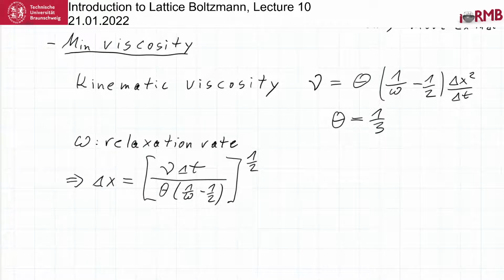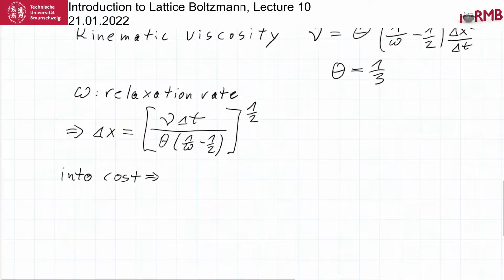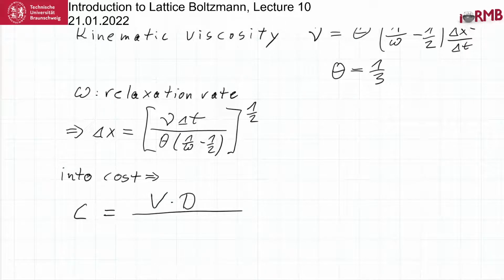Now we know what delta x is, and we can put this into the cost function. So our cost is then the volume times the duration divided by the performance of our code, and here comes now delta x.